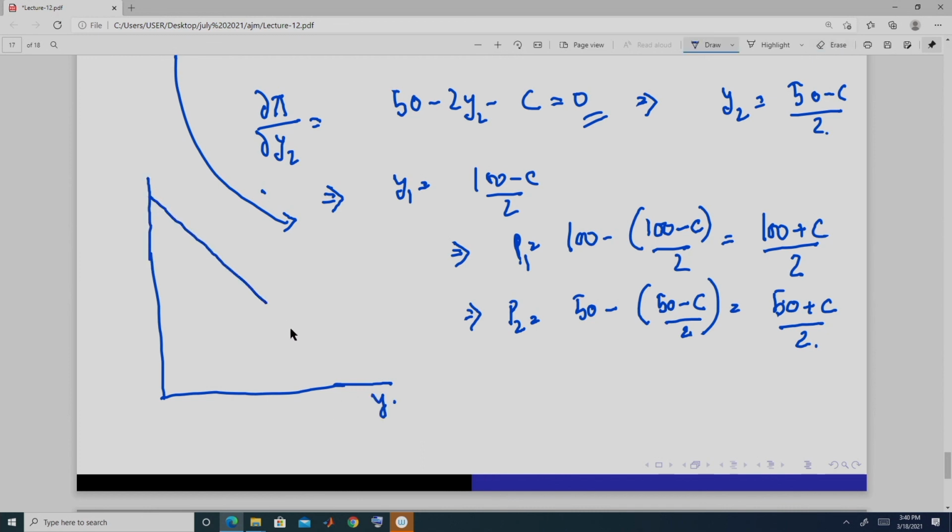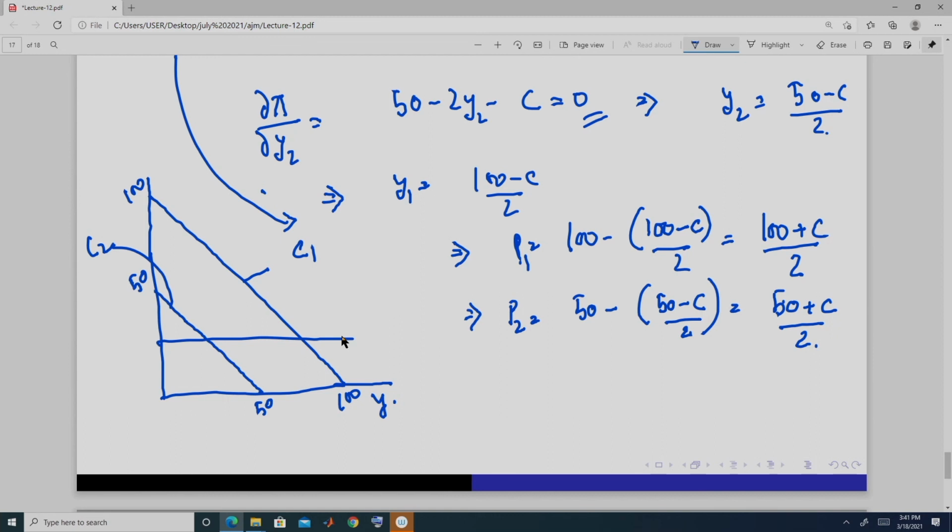So, this is suppose 100 and this is 100, this is 50, this is 50, and so these are the two demand curves. This is for consumer type 1, this is for consumer type 2.